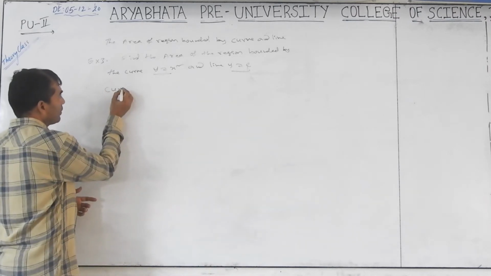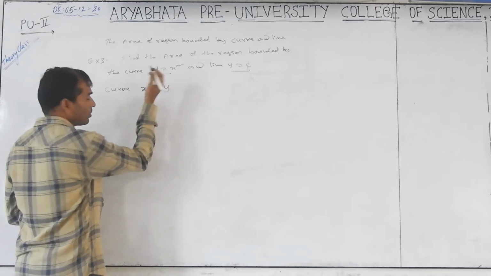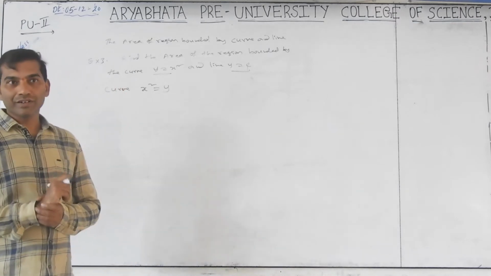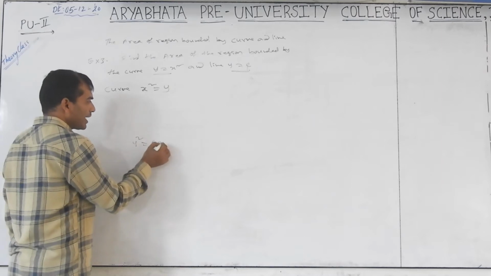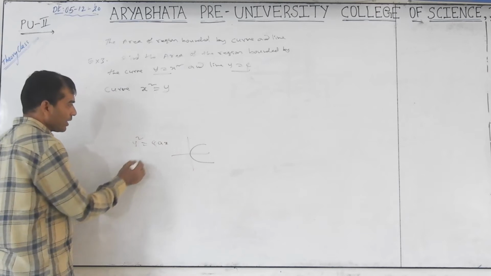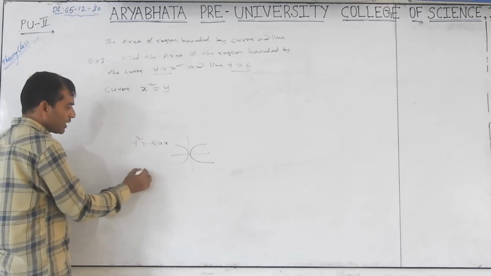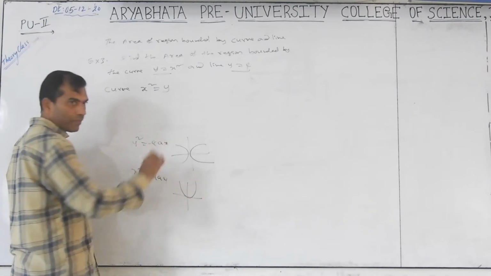The curve is y equal to x square, which means x square equal to y. This is a parabola. You know y square equal to 4ax opens to the right, and y square equal to minus 4x opens to the left. x square equal to 4ay is a parabola which opens upward.